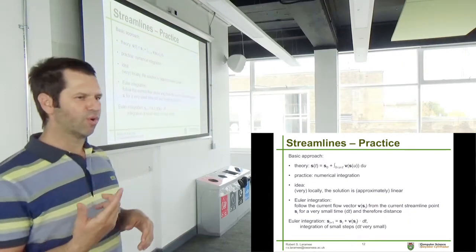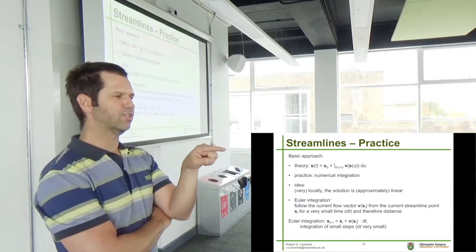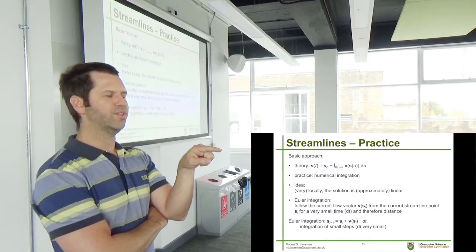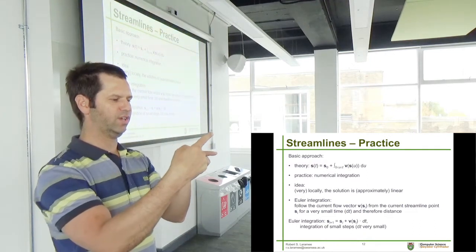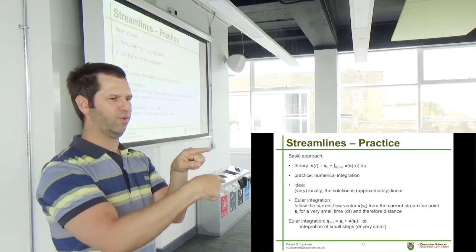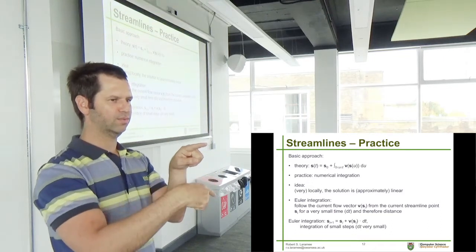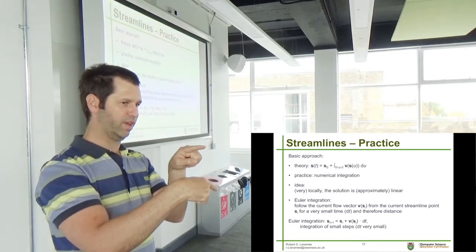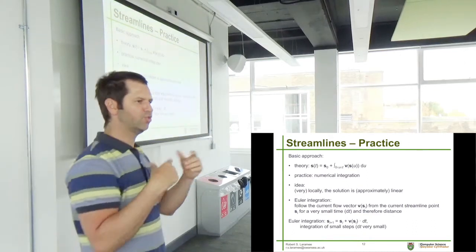If you want to get it more accurate, there are 2 ways to make it more accurate, and that is to look for example at the nearest 2 vectors. So imagine there's a vector here pointing in this direction and another vector here, maybe pointing in a slightly different direction. You would average the 2, and then you'd get a vector and push it in that direction. And you could keep going.